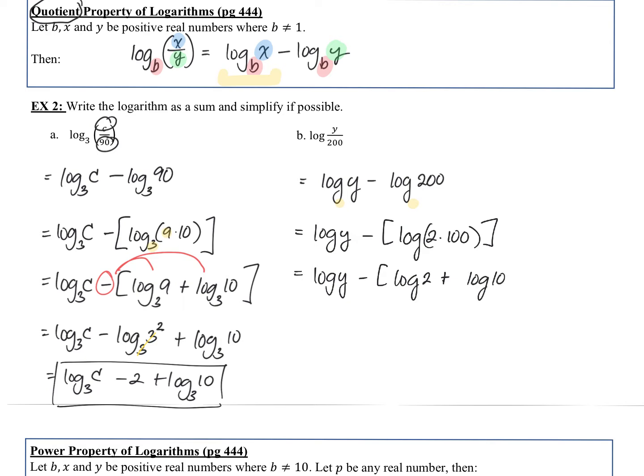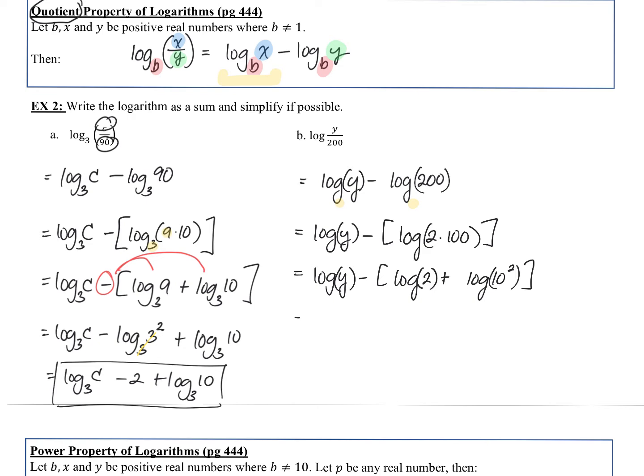And I'll go ahead and change that 100 to 10 squared. Now notice, you could go ahead and add the parentheses for the argument. A lot of times I usually do like to write the parentheses in the arguments. It's normally not required unless you have a binomial or something. But I think it's often helpful to let the person who's reading your work know what the argument is.